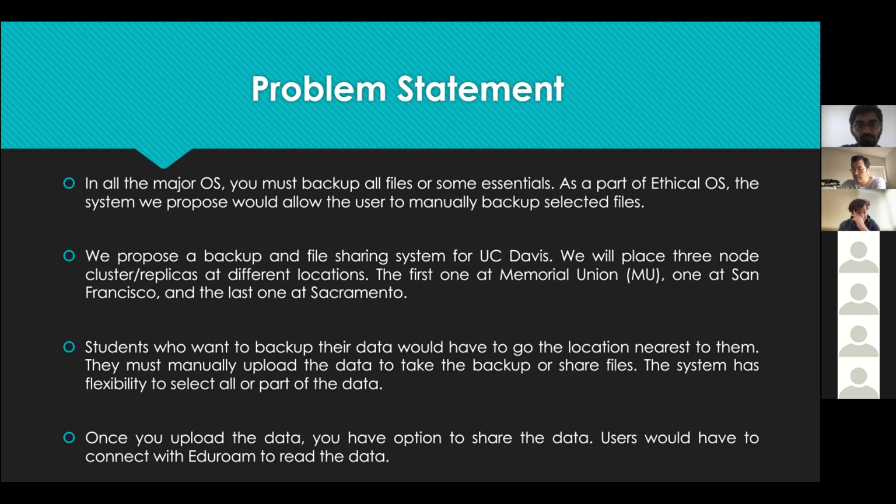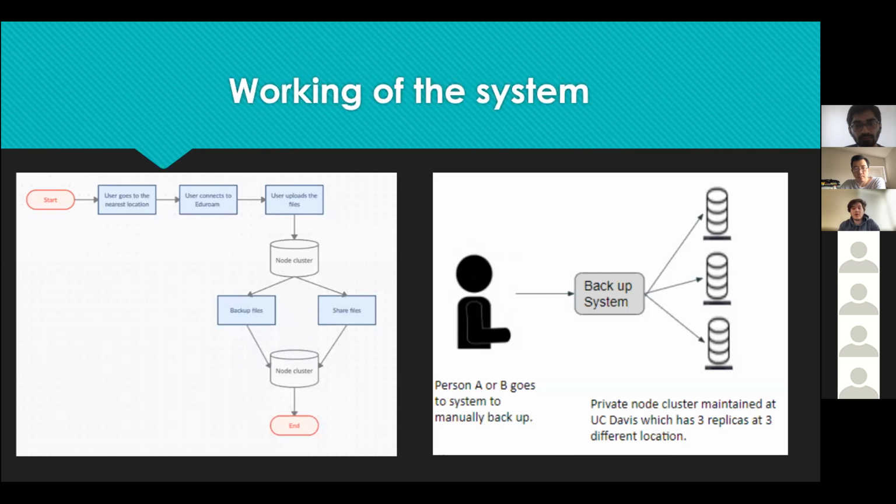Next slide. All right. So how does our system work? If you look at the flow diagram on the left of the screen, the user goes to the nearest location, connects to the EduRoam, the campus Wi-Fi, and uploads the files they want to back up or share into our system. The next thing is that the user gets the option to back up files or share files.